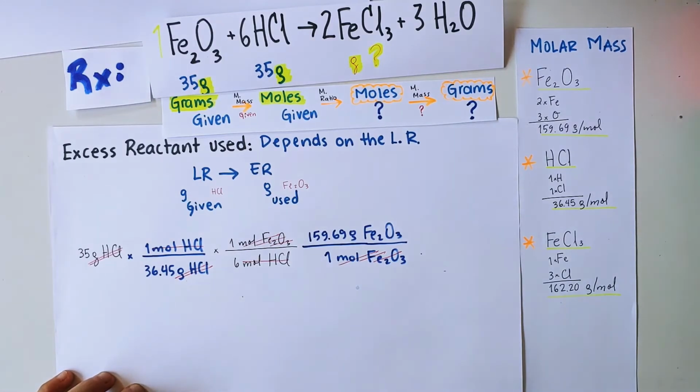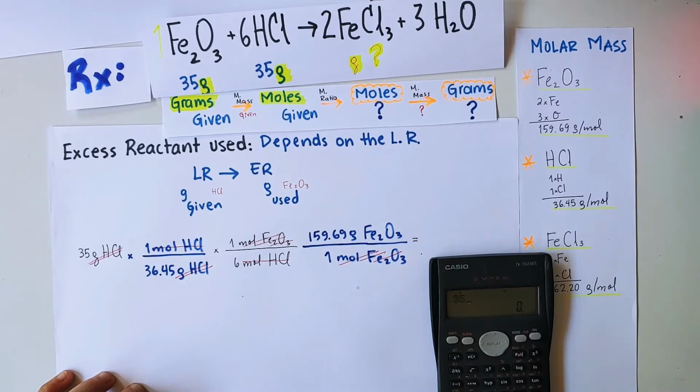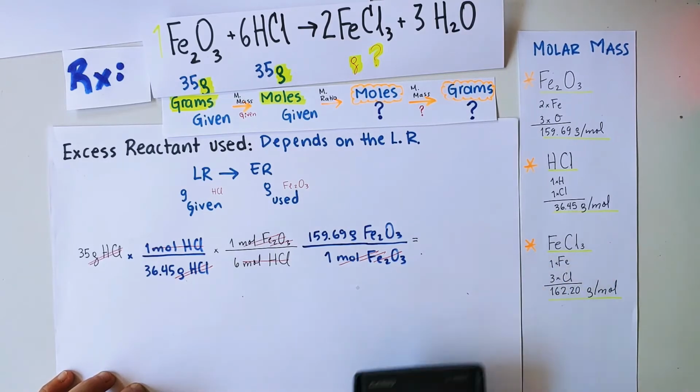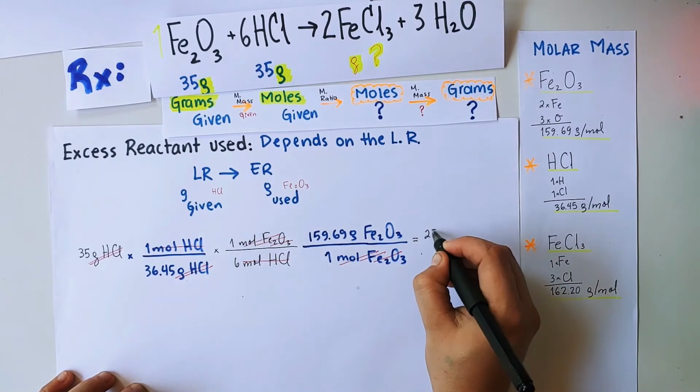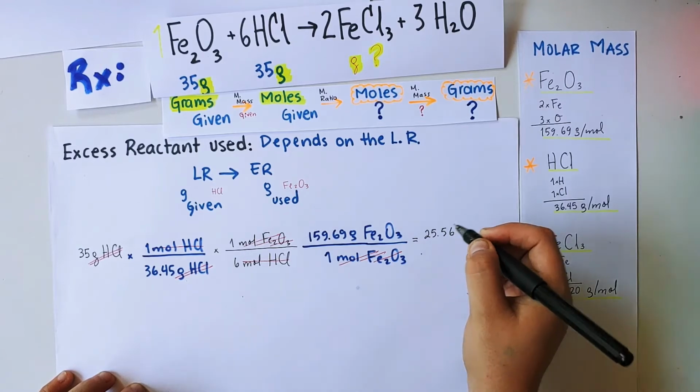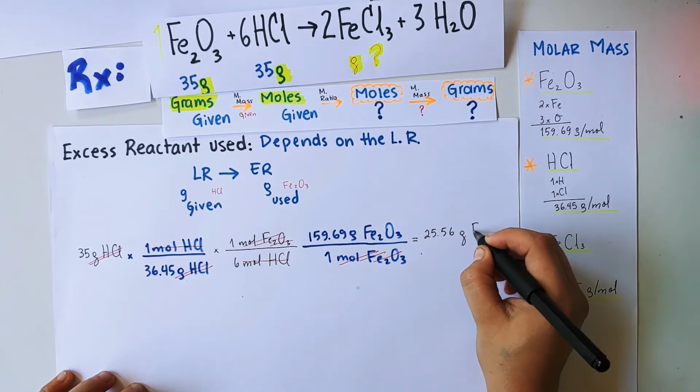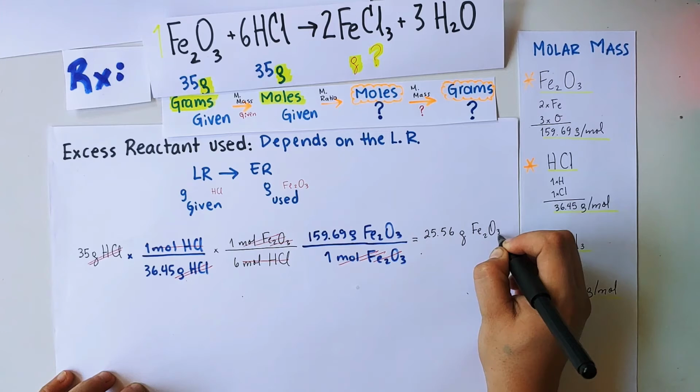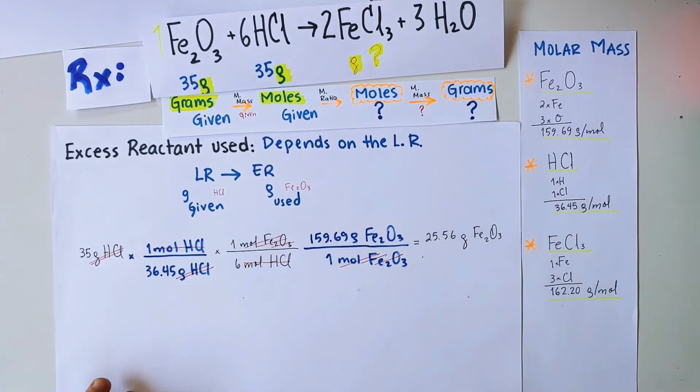So when you perform this in your calculator, you get 35 times 159.69 divided by 36.45 divided by 6, 25.56 grams of Fe2O3. Now, what does this mean?